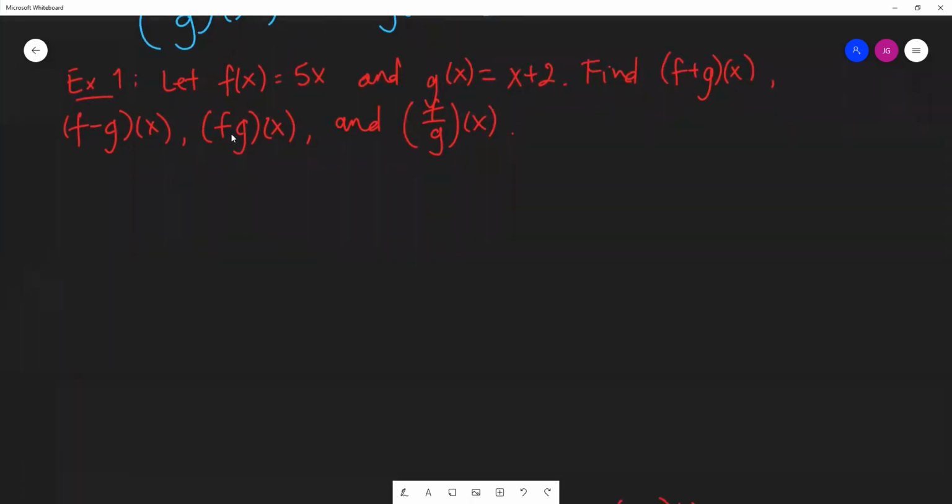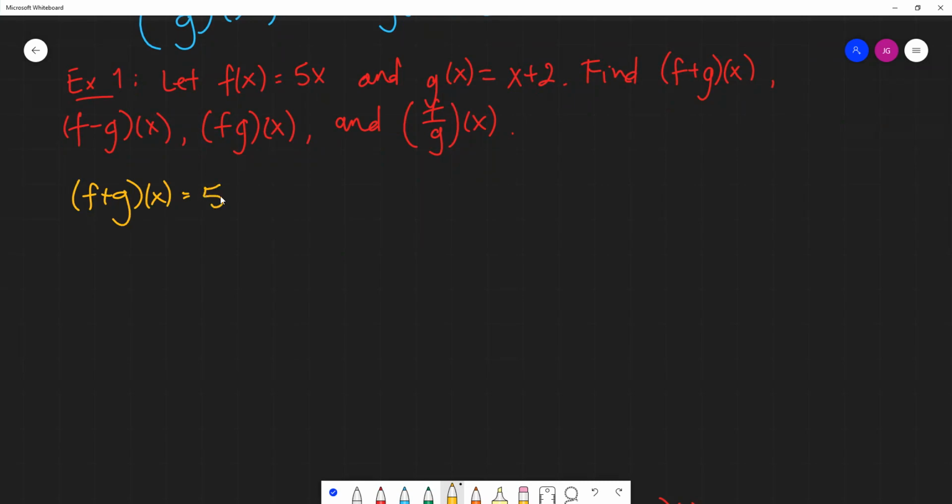So let f of x equal 5x and let g of x equal x plus 2. We're going to find all 4 of these operation functions using those f and g. So let's start with the addition, f plus g of x. How do we find that? We just add the 2 functions.